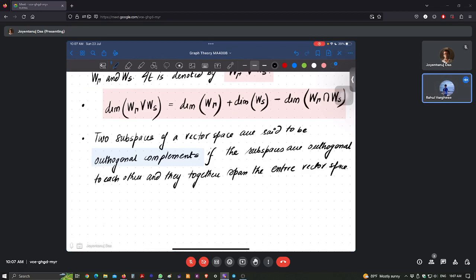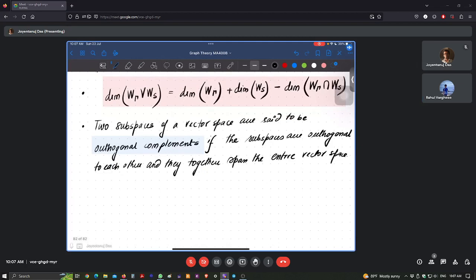So here the term is orthogonal complement. For example, suppose your original vector space is W, and you have two subspaces W1 and W2. So they are orthogonal complements.